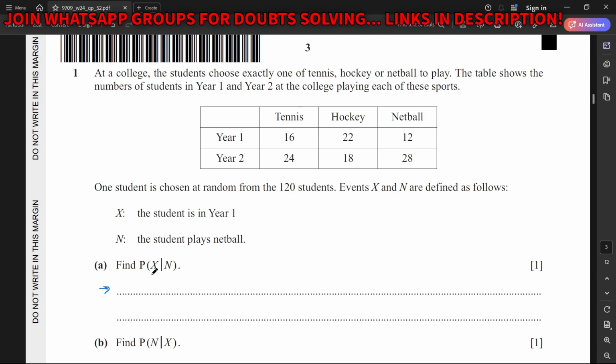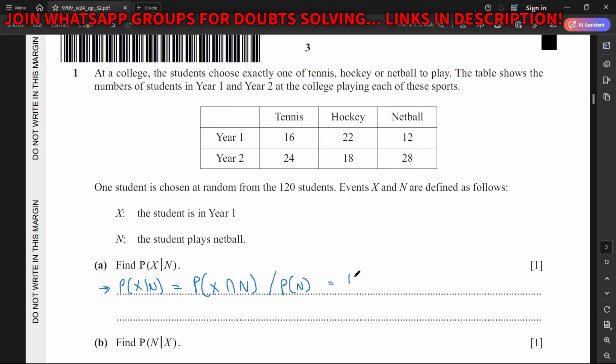So whenever you are having probability of x given n, the equation will be probability of x and n divided by probability of the given thing. So if I solve this, what is the probability that the student is in year 1 and plays netball? So there are 12 such students out of 120.